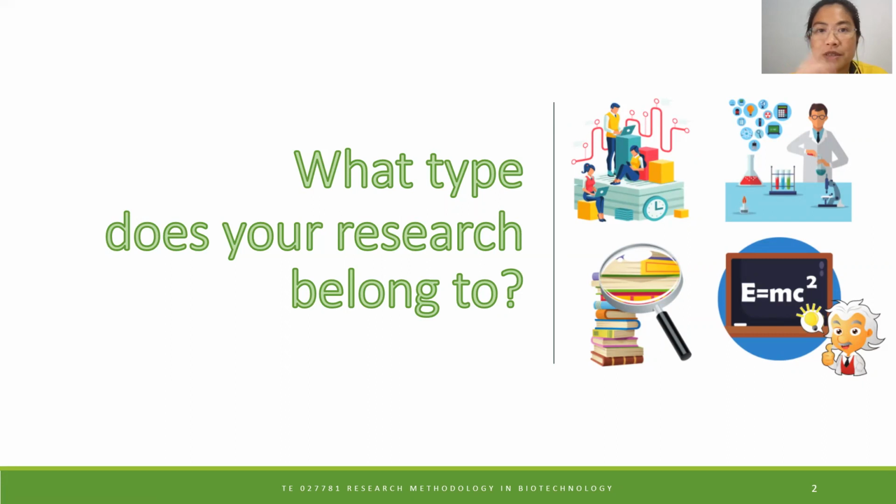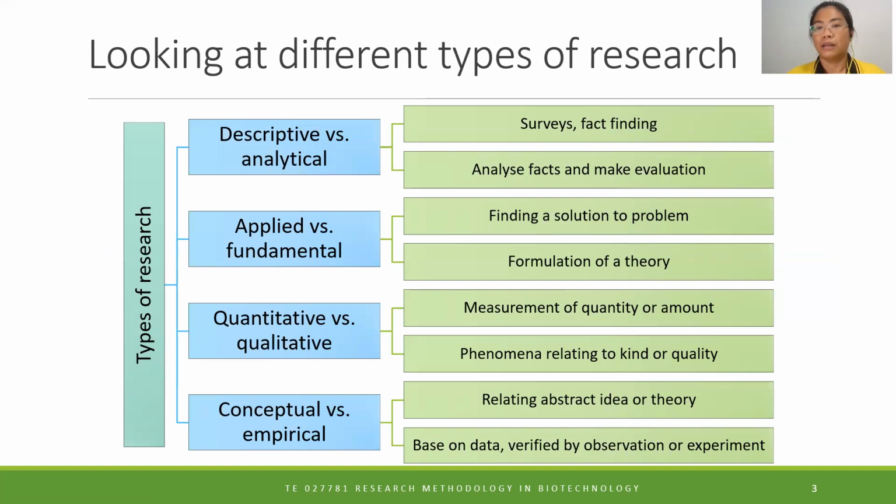Okay, so let's see. First, before you start doing research, you need to understand what type of research yours belongs to. Looking at different types of research, doing research is not just doing experiments like what we do. There are so many types of research.